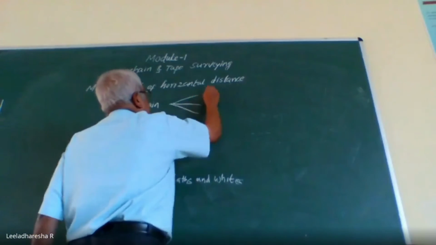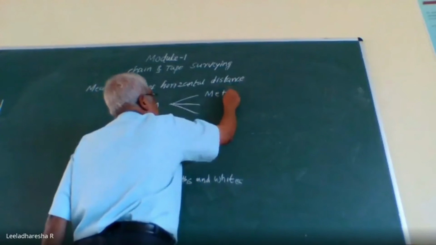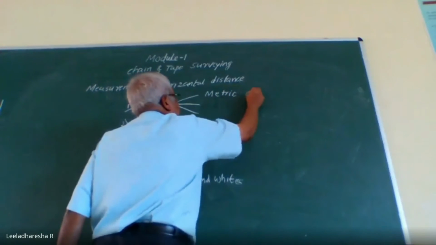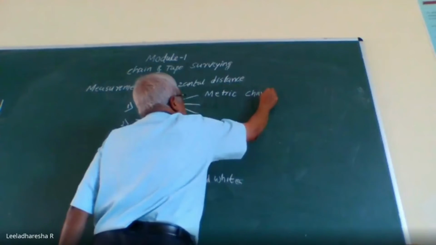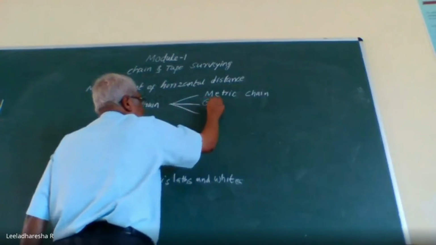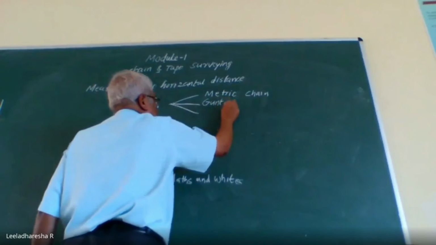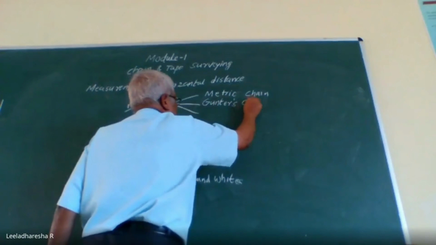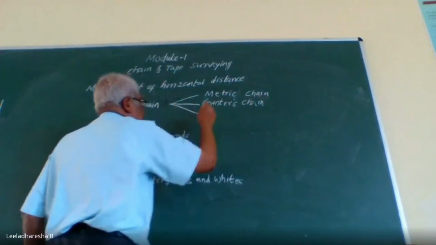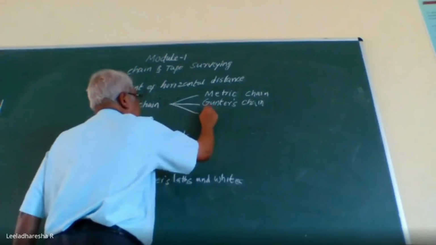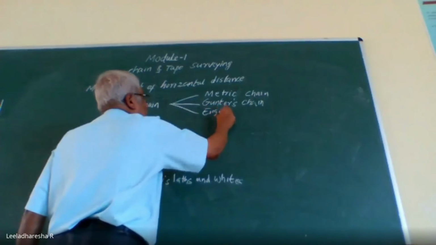The first type of chain is called the metric chain. The second is called Gunter's chain. The third is called the engineer's chain.